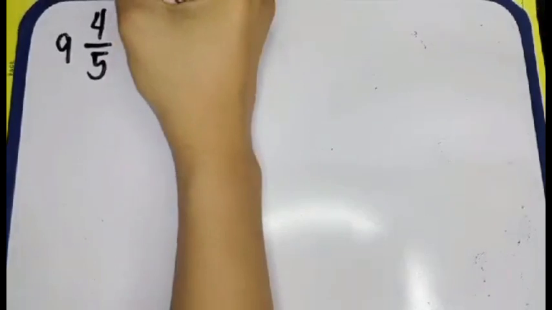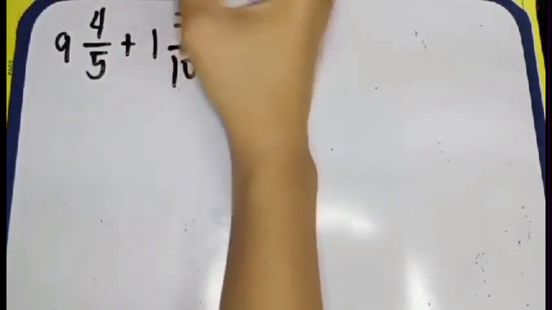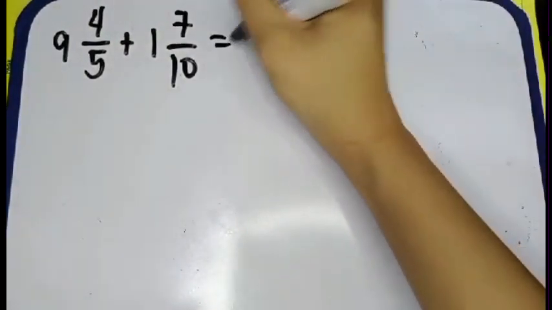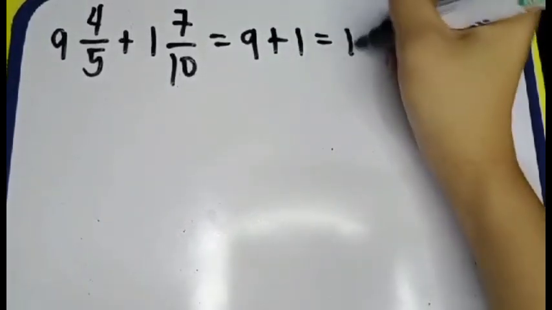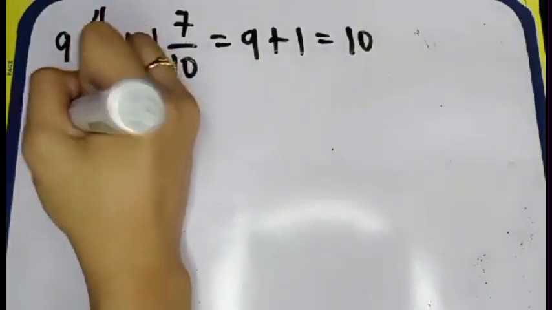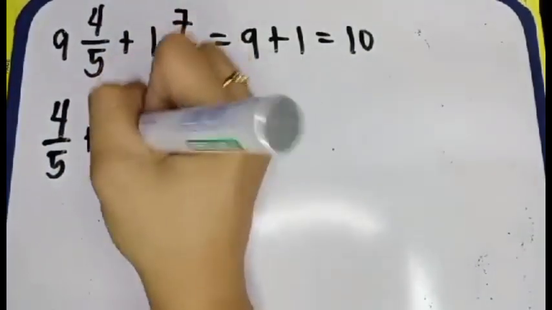Lastly is we have 9 and 4/5 plus 1 and 7 over 10. So, add ulit natin ang whole numbers which is 9 plus 1. 9 plus 1 is equal to 10. Proceed naman tayo sa fraction which is 4/5 plus 7 over 10.